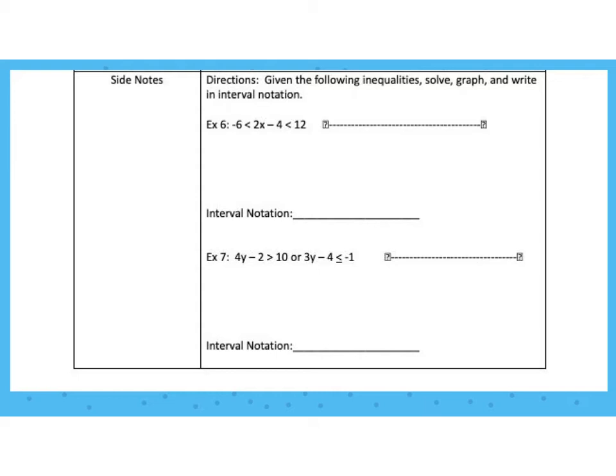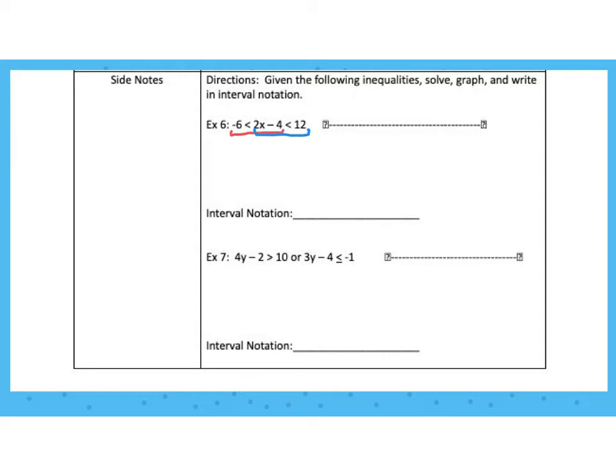So how I'm going to solve this is I'm going to break these into two different equations. So even though it's an AND, I can see that I have -6 is less than 2x minus 4, and then I also have 2x minus 4 is less than 12. Okay, so those are two different inequalities that are being combined into one.